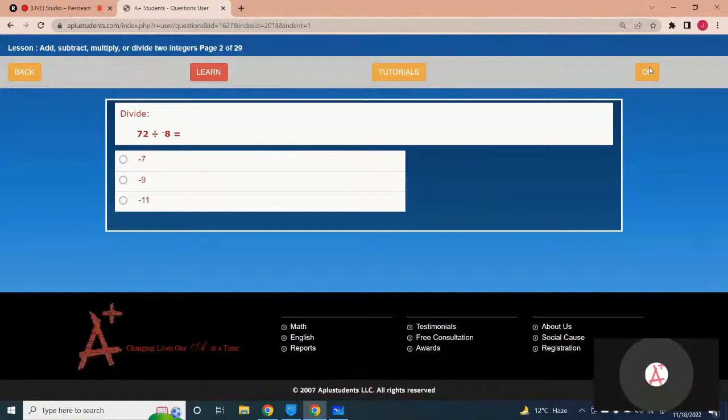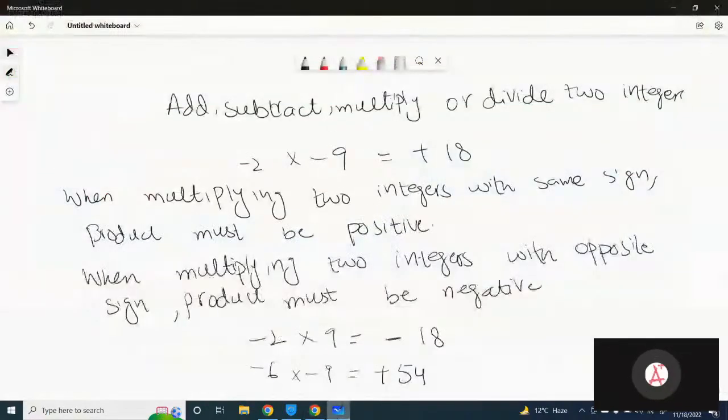Okay, now you are dividing a positive number by a negative one. So for division, you have to follow the same rules. Just replace the word multiplying with dividing.